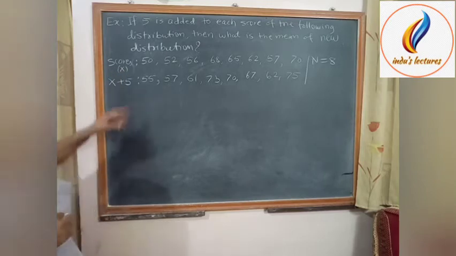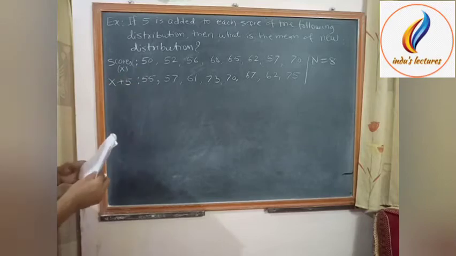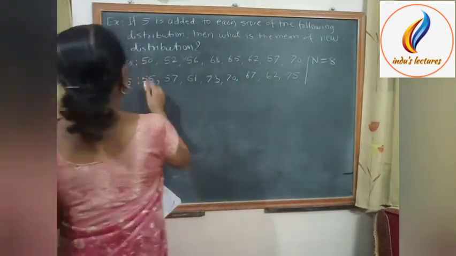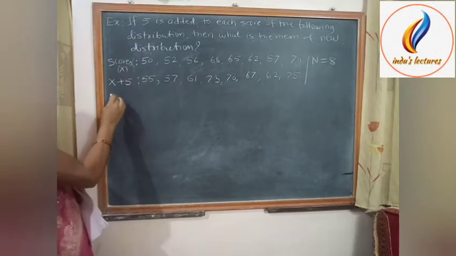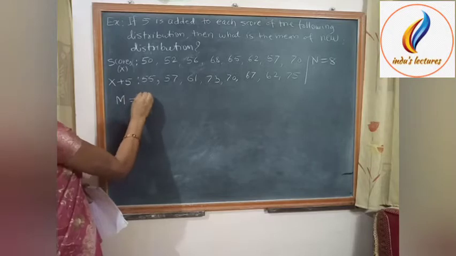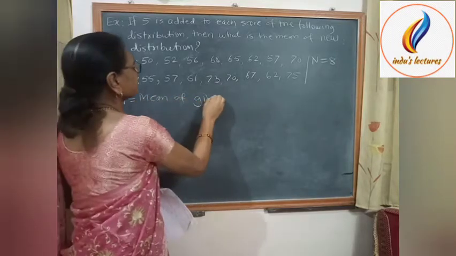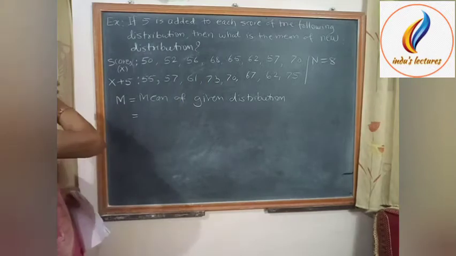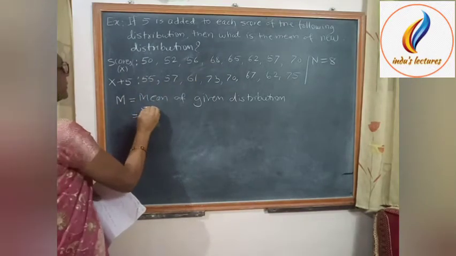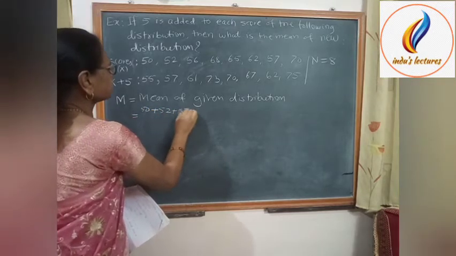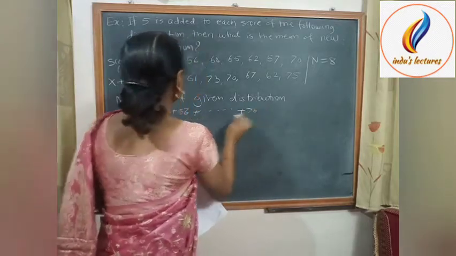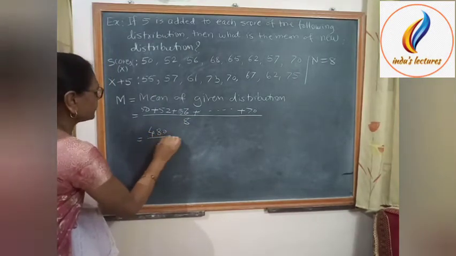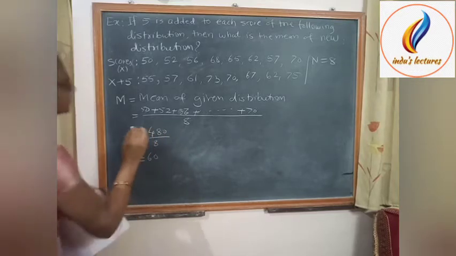The total of the given distribution is 480. So we can find the mean of the given distribution: m is equal to the sum of all these scores, 50 plus 52 plus 56 up to 70, divided by 8, which is 480 upon 8, which is equal to 60.